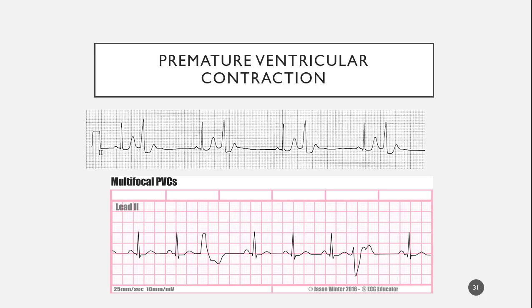So unifocal is uni meaning one and focal meaning focus point. So where all of those are the same exact shape and structure PVC, you can tell they're coming from the same point. Perfect. Yep, you're exactly right.